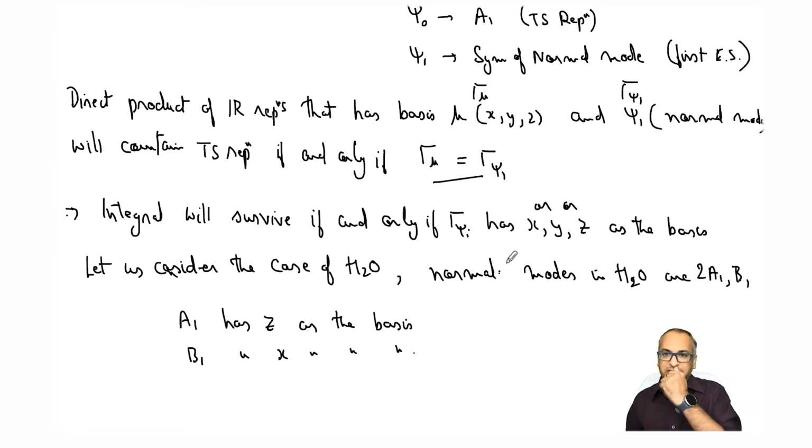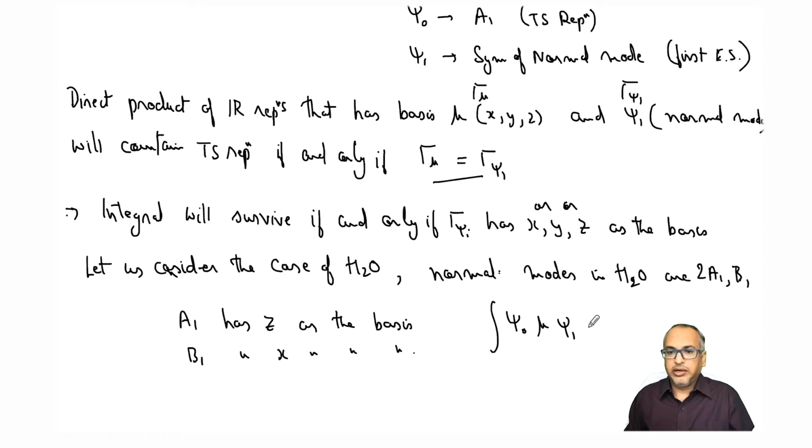So that means if I am now calculating the direct product of psi 0 mu psi 1, the integral psi 0 mu psi 1 d tau, psi 0 has a1 symmetry.